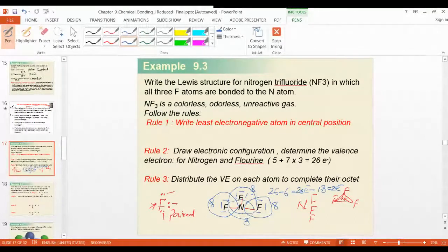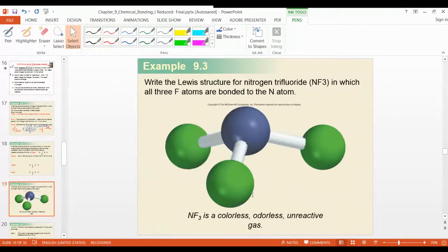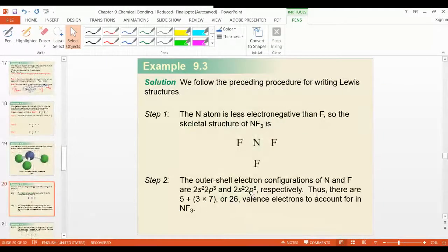Now I will show another example. This I have already shown you as practice, so you can do it at home. Now I will take this again, NF3, proceeding to write the Lewis structure of NF3.